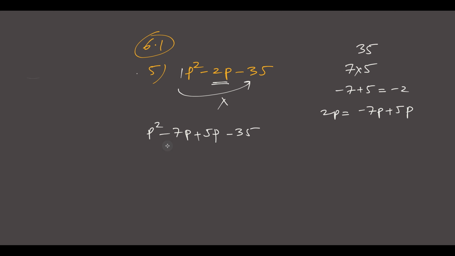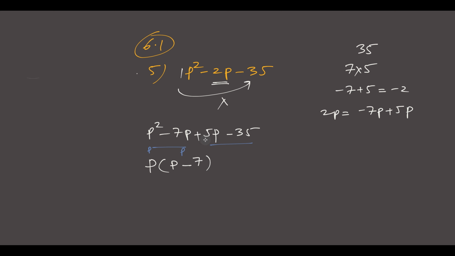Now what is common in these two? It is just p, so I'm going to take p as it is. So we have to divide p square by p. P square divided by p is a single p, minus this p is cancelled, so I'm going to write the remaining, which is 7.